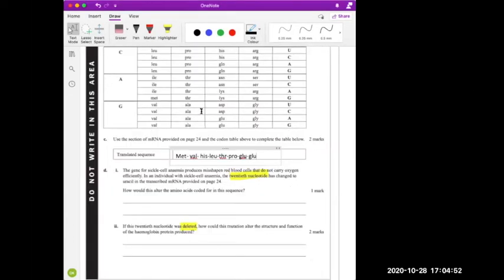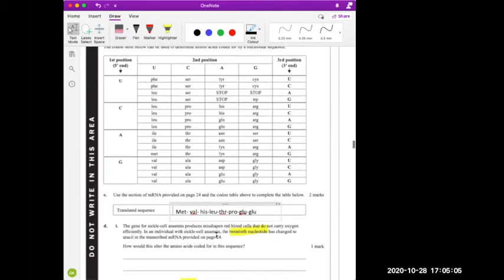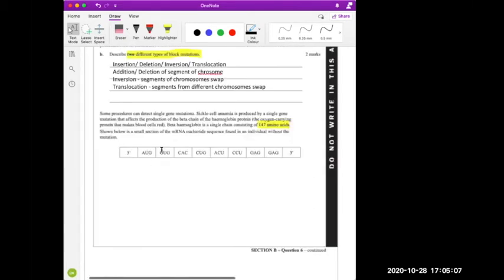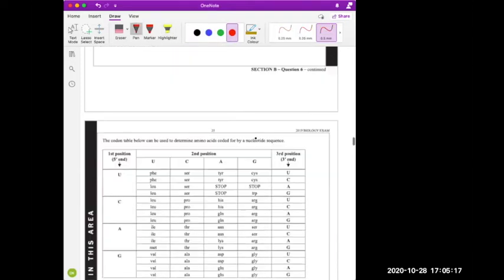The gene for sickle cell anemia produces misshapen red blood cells that do not carry oxygen efficiently. In an individual with sickle cell anemia, the 20th nucleotide has changed to uracil in the transcribed mRNA on page 24. So just count by 3: 3, 6, 9, 12, 15, 18. This one has become a U. Right, so it's GUG.